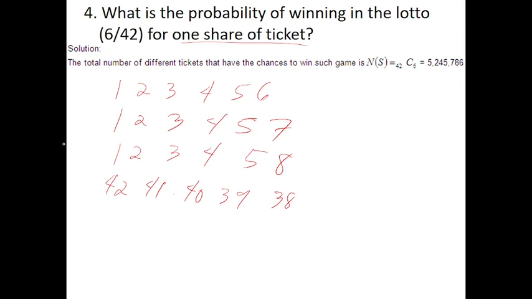So, meron kang one share of ticket. Diba? So, ito yung event A, no? Which is one share of ticket. No? So, ano yung chance na ngayon na dun sa one share of ticket mo mananalo?